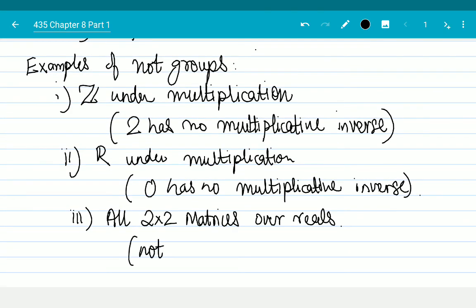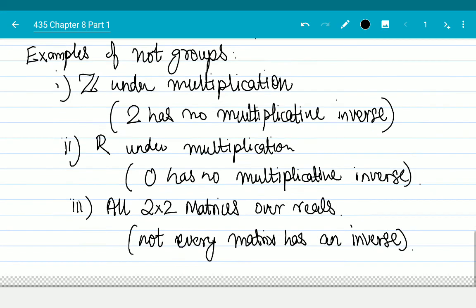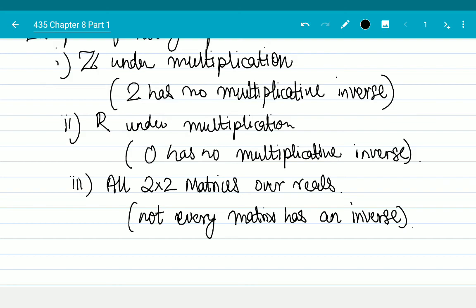Not every matrix has an inverse. Right? So not every set needs to be a group, even with an operation.